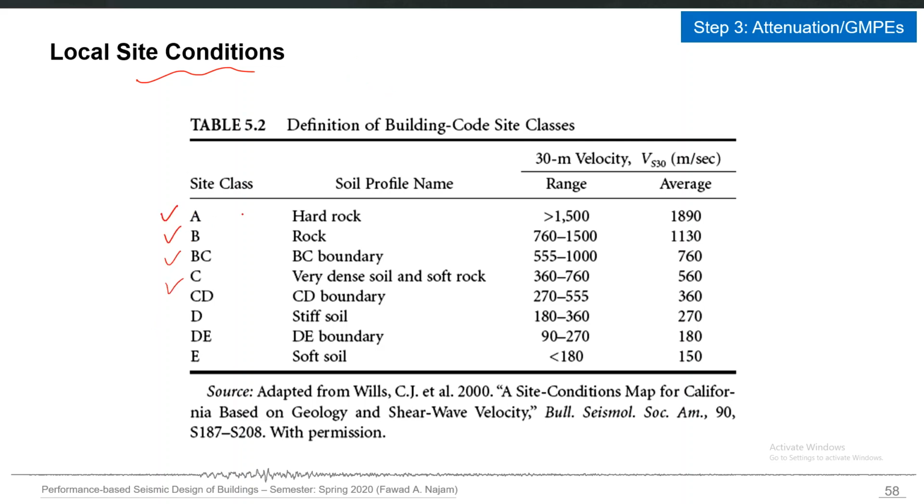Generally A is hard rock and E is soft soil, and we know already that the shear wave velocity in the first 30 meters of the soil layer, which is also called the VS30 value, is an important parameter which tells us the stiffness of the soil. So the hard rocks will have a high VS30 value compared to the soft soils. Based on different ranges of the VS30 values, these site classes are defined by different building codes.